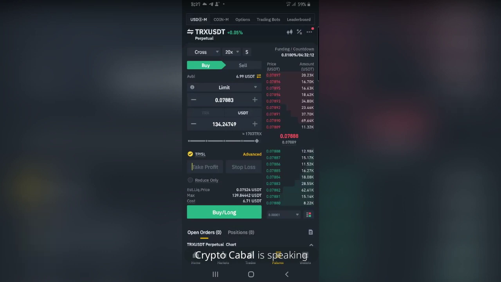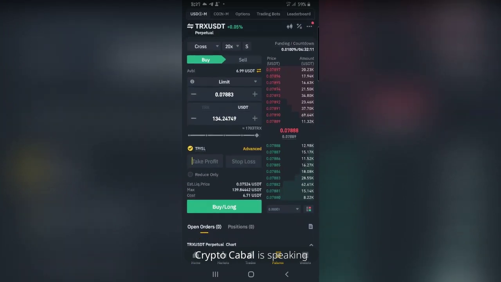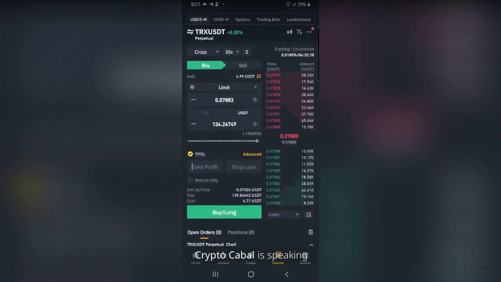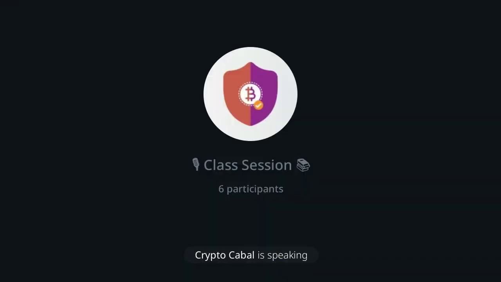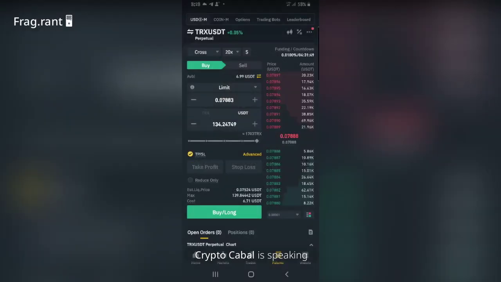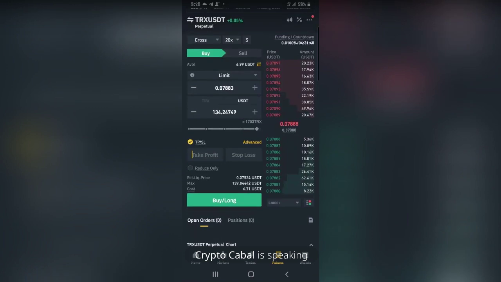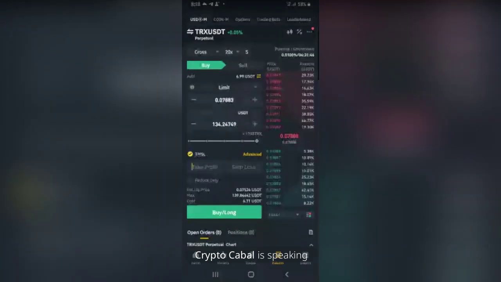They might just allow you to type it, but for Binance you can actually drag it and input. After you are done with everything, you just click on buy long, that is if you are longing. But if you are selling, you are not supposed to be on this buy. It should actually be on that sell, and that is how it works. That is just everything on the Binance futures interface.